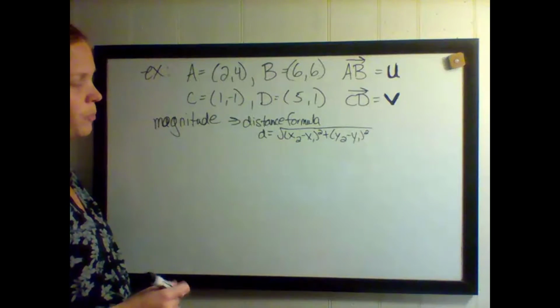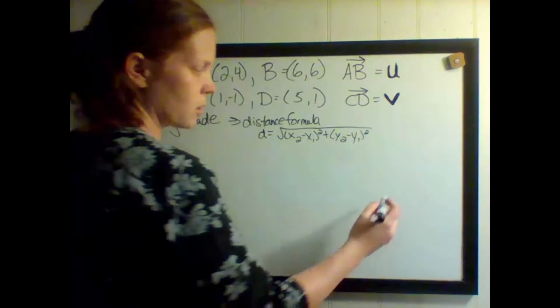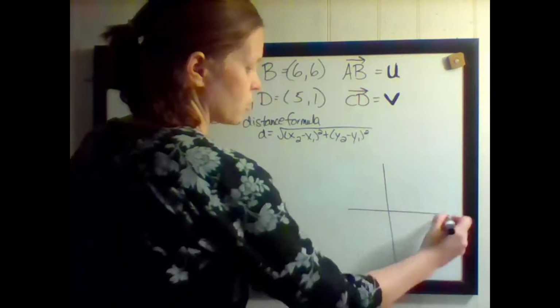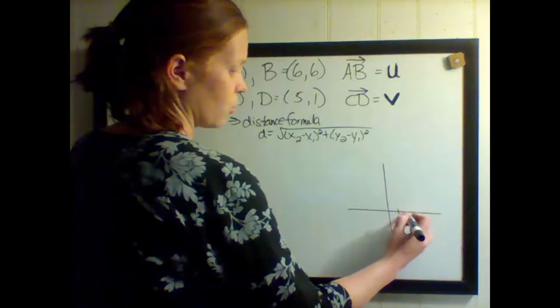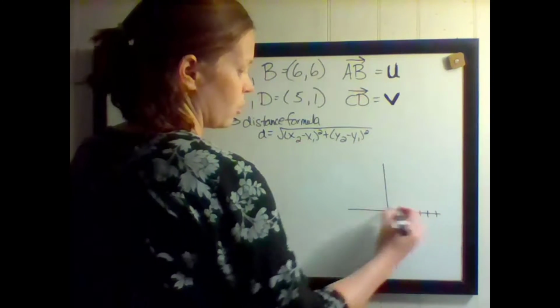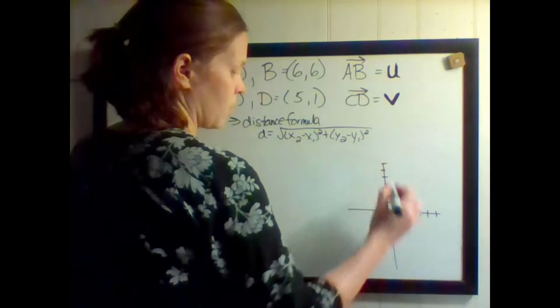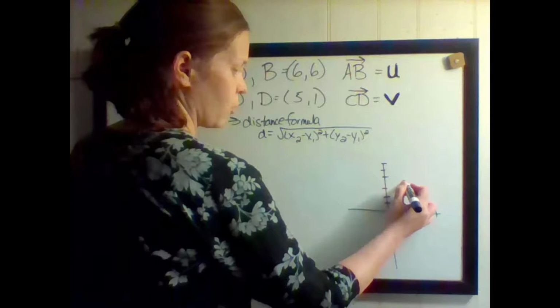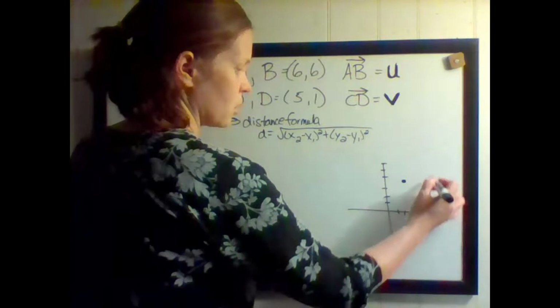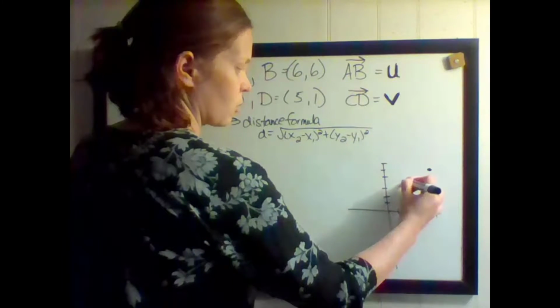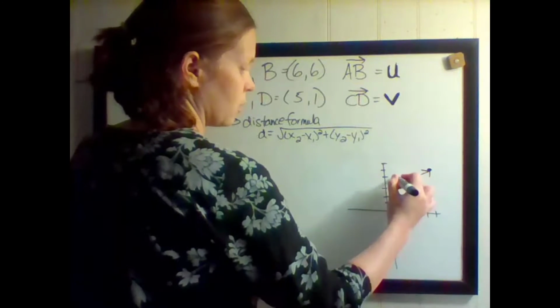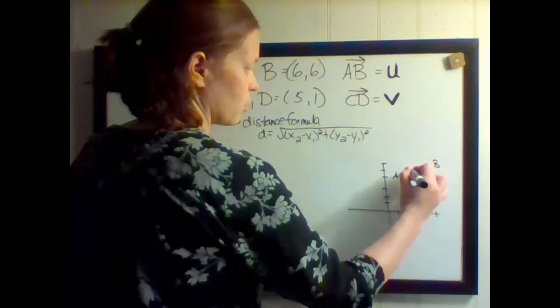Let's also sketch these to see if our answers make sense. So (2, 4) to (6, 6), going from A to B.